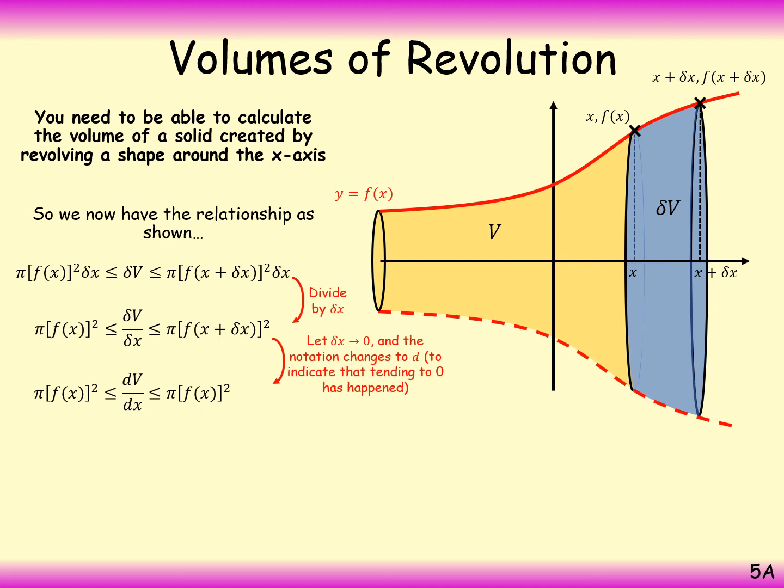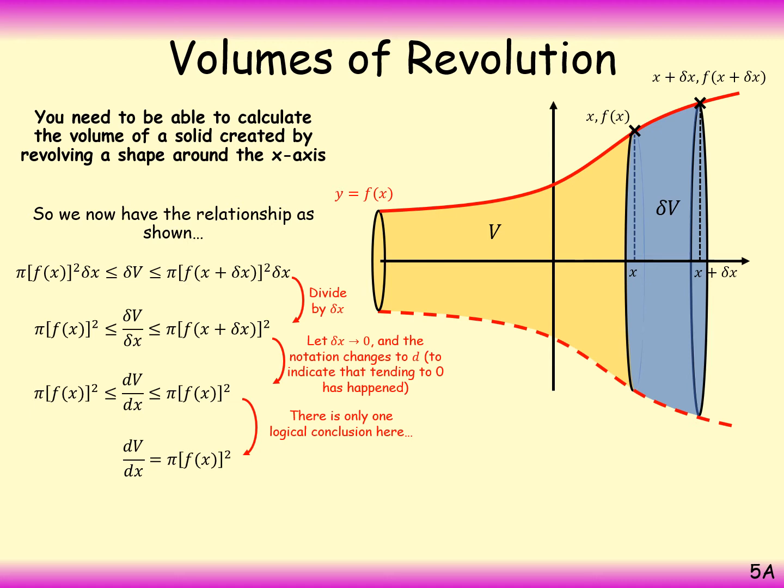So now we could say pi f(x) squared is less than or equal to dV/dx, which is less than or equal to pi f(x) squared. So there is only one logical conclusion here. dV/dx must be pi f(x) squared, because we've got the left hand side and the right hand side of the inequality the same.